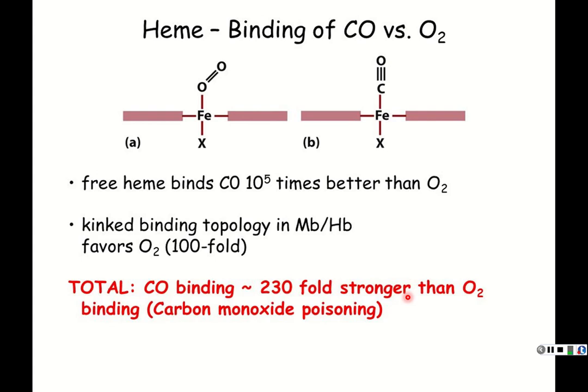The binding site is designed to fit this kinked binding of O2 better than this linear binding of CO. That's one of the ways hemoglobin has adapted to try to neutralize this greatly increased binding of CO to the heme group over oxygen. But it still is 230-fold stronger than oxygen.